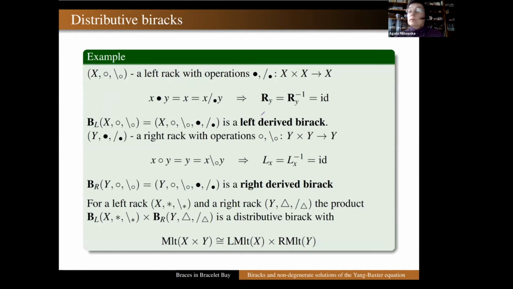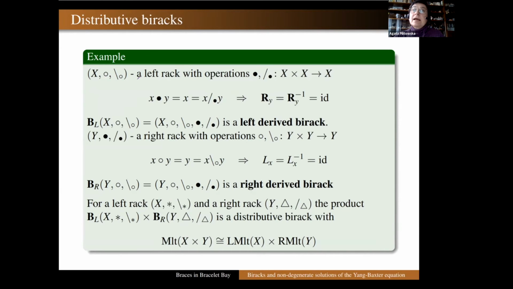Another example, quite important for the theory of distributive Biracks, is constructed using two racks, left and right ones.